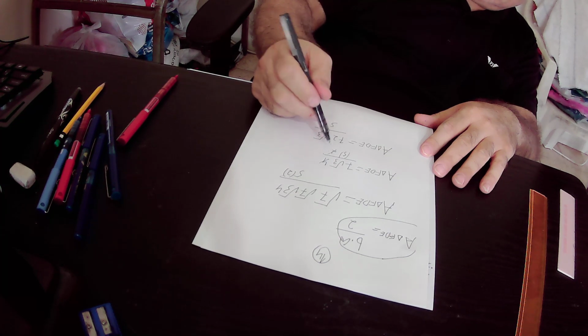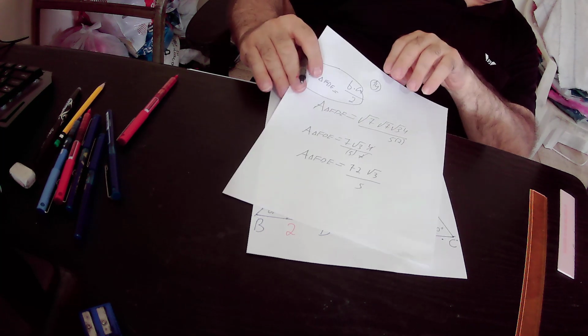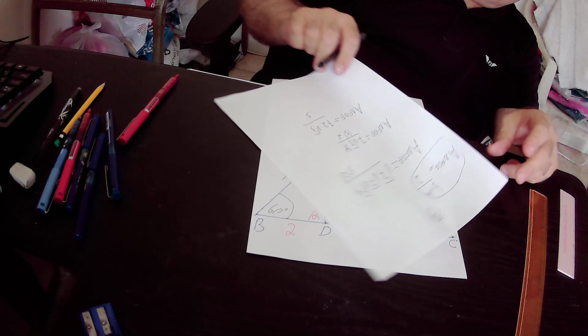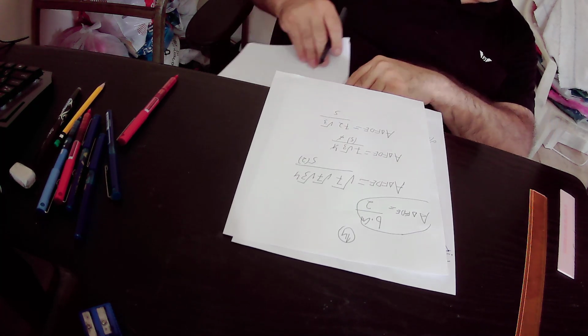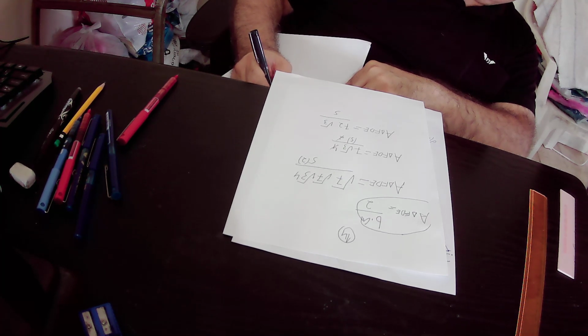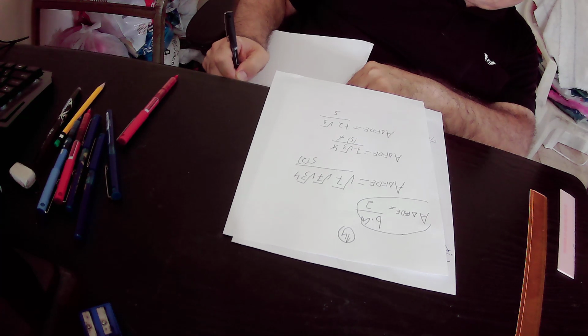Okay, but 7 times 2 is 14, so I write it down. So the area of the green triangle FDE equals 14 times root 3 over 5 square units.